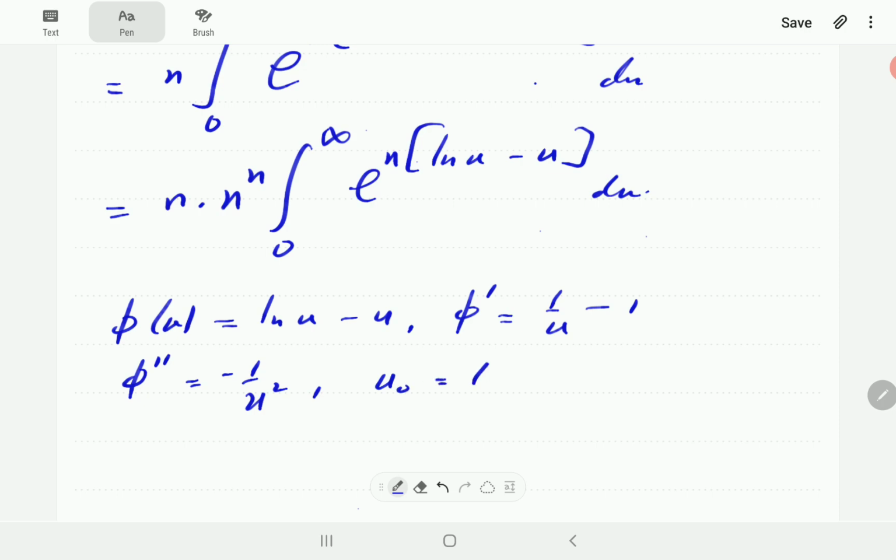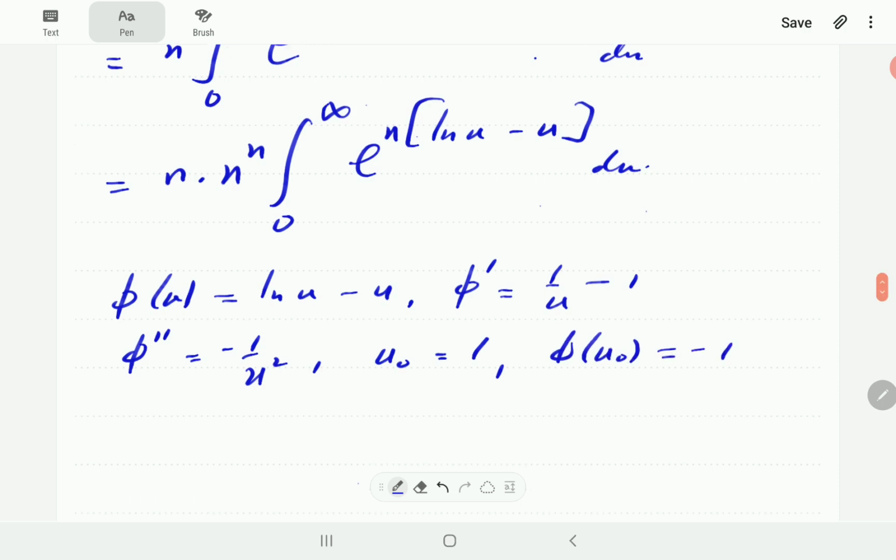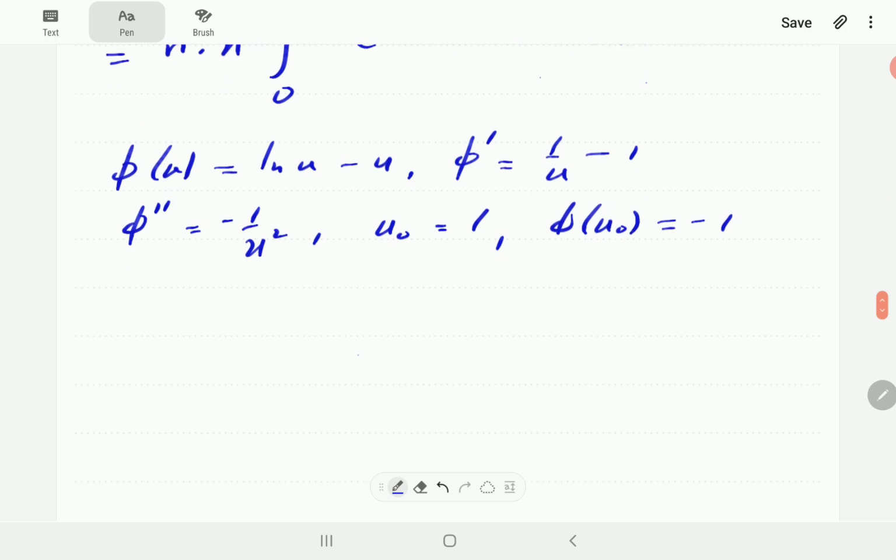So our stationary point this time is just going to be 1. So phi of u naught is going to be negative 1, and phi double prime of u naught is also going to be negative 1.